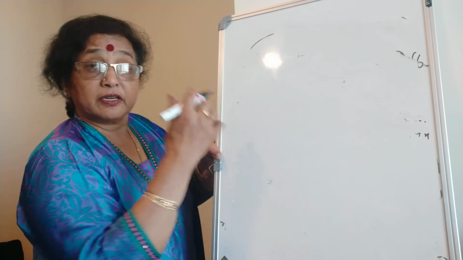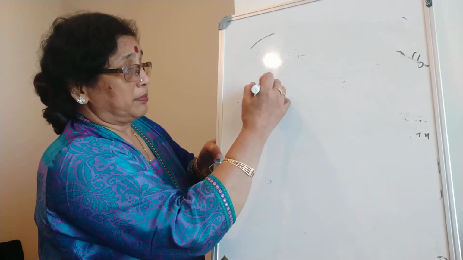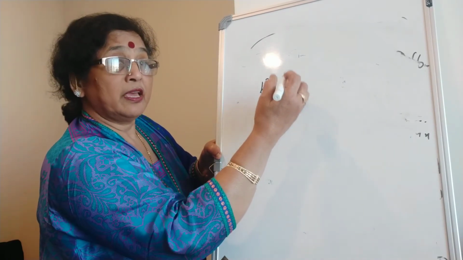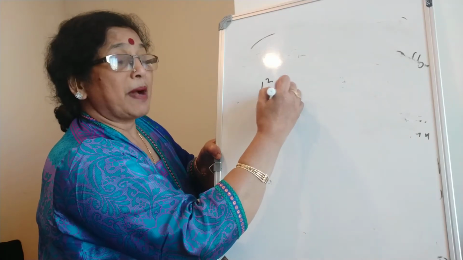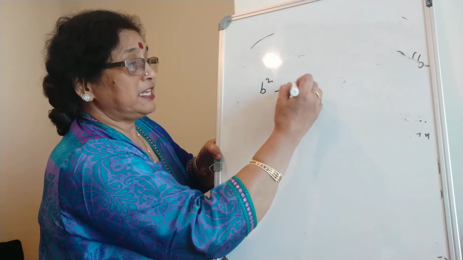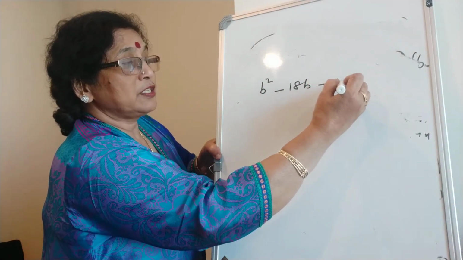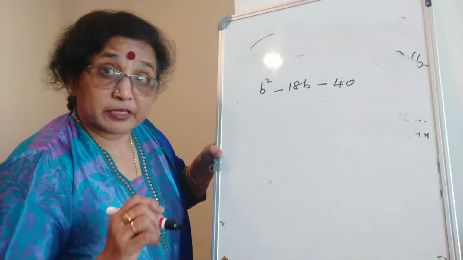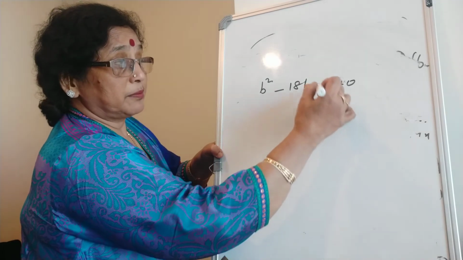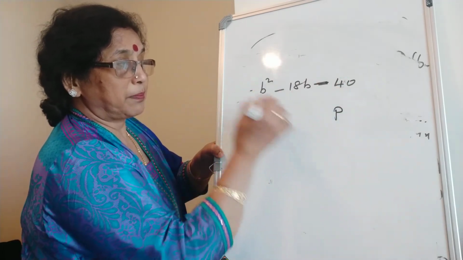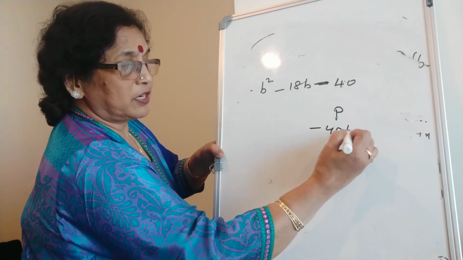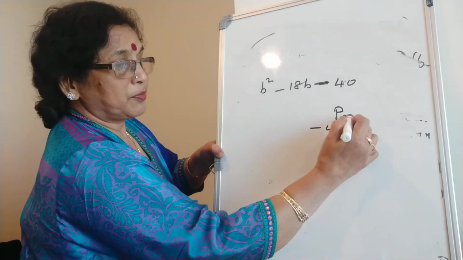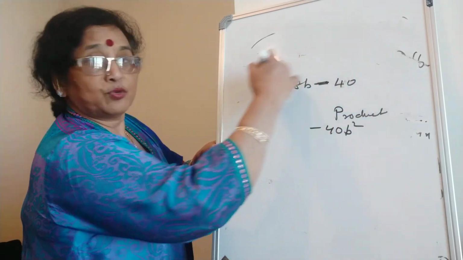Now let me tell you something else, because you got this. Suppose you have b square minus 18b minus 40. So I am taking another alphabet. Again product, with the sign you multiply, minus 40b square is the product of the two extreme terms.